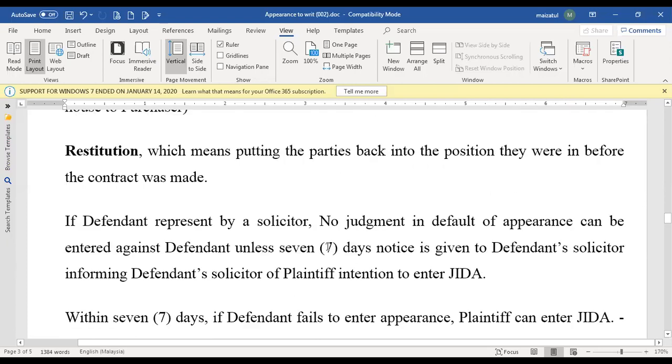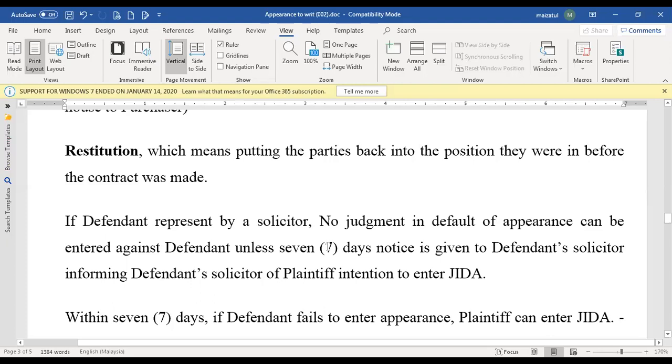Okay, another situation is if the defendant was represented by a solicitor, which means the defendant's solicitor has already entered a memorandum of appearance and served it on the plaintiff.